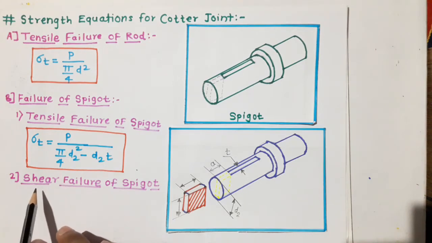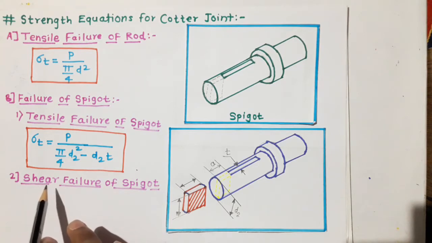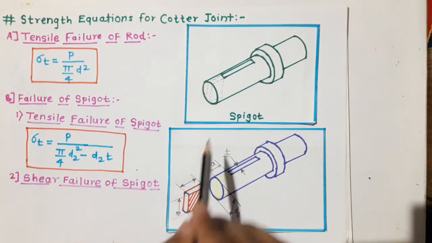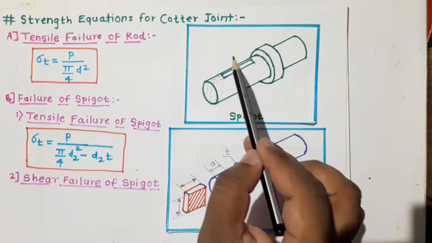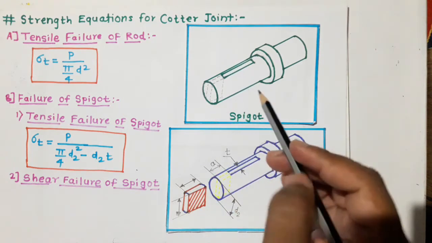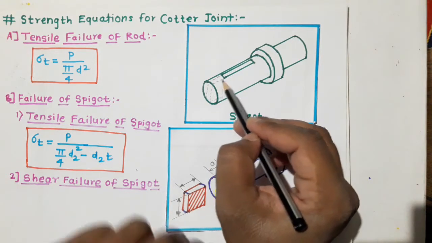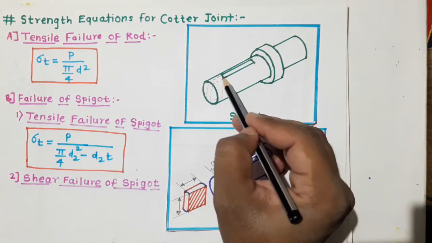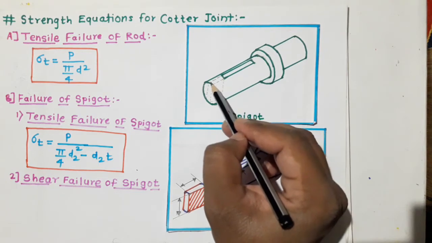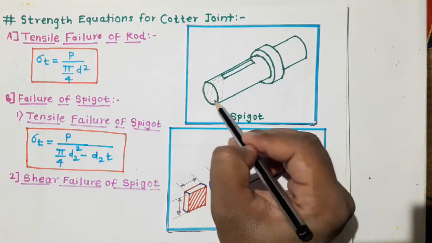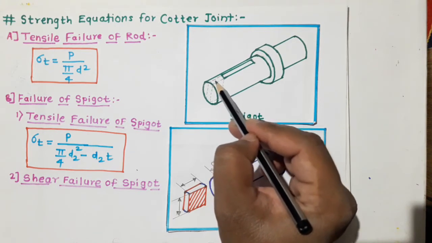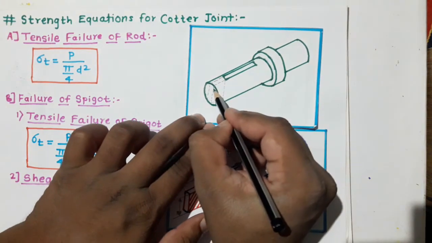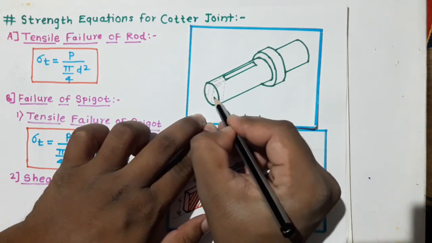Now the second failure that we have to consider, the second strength equation that we have to consider, is for the shear failure of spigot. This is a spigot having diameter d2, having one slot of thickness t, and in the shear failure the portion of material which is present after this slot will get removed from this end of spigot.